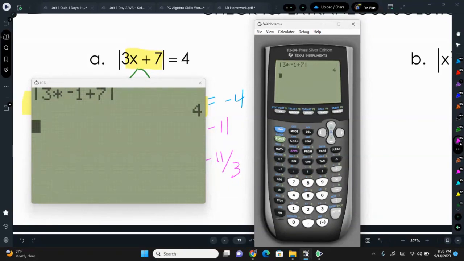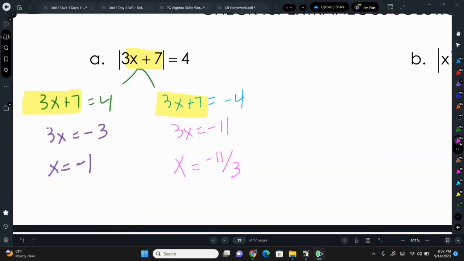And then we'll do this again. 3 times negative 11 over 3, close parentheses, plus 7, and we also get 4. So both of these are viable solutions. When we have absolute value equations, we could have no solutions, one solution, or two solutions.